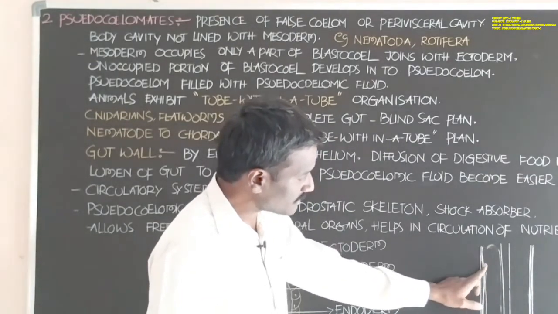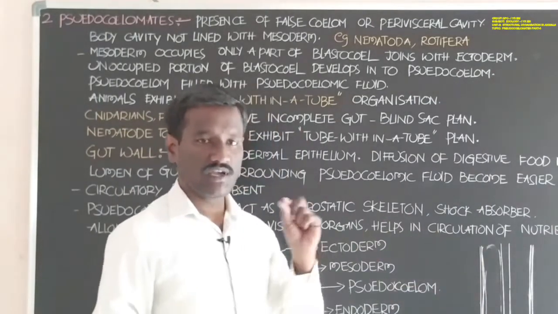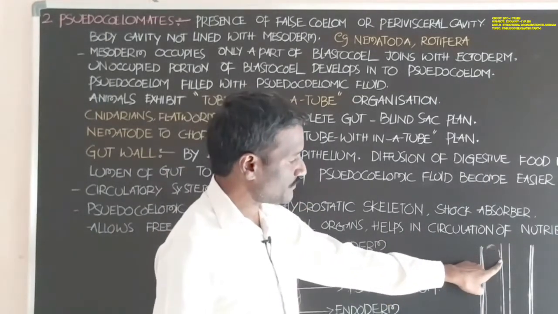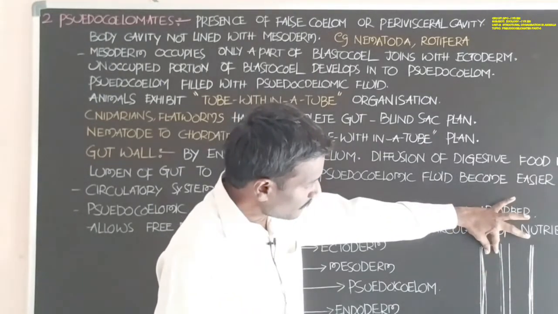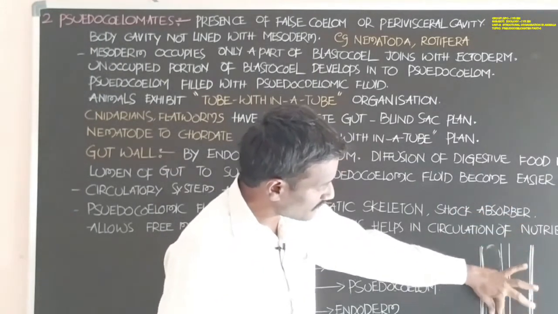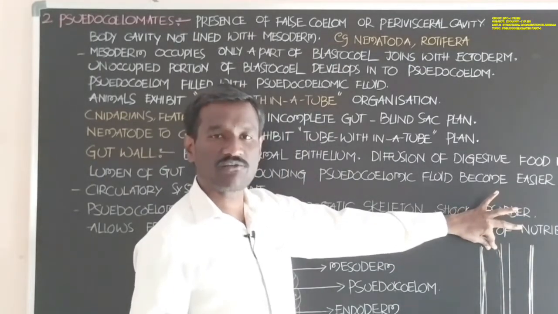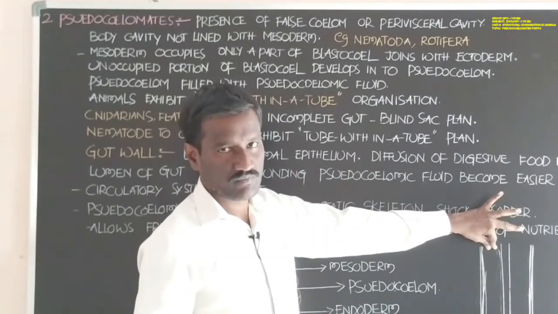The mesoderm is attached to the inner surface of the ectoderm. Student, this is the food tube, and this is a space for the location of the different internal organs.